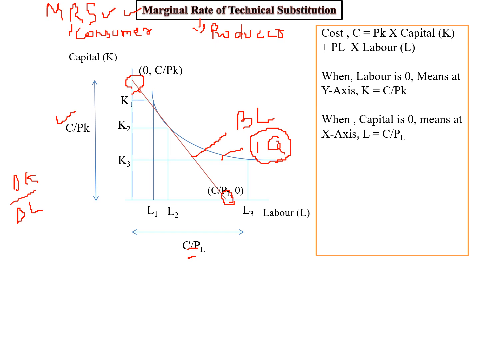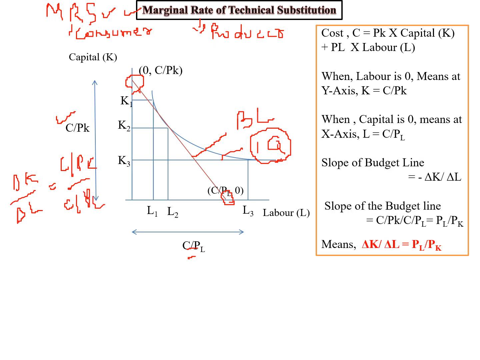But if it is converted to monetary terms, then definitely you have to write C by Pk by C by PL. If this is so, then just see the right side, that delta K by delta L is always the price of the labor divided by the price of the capital.